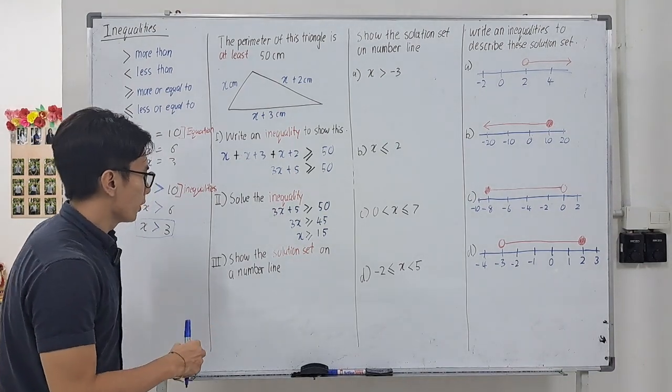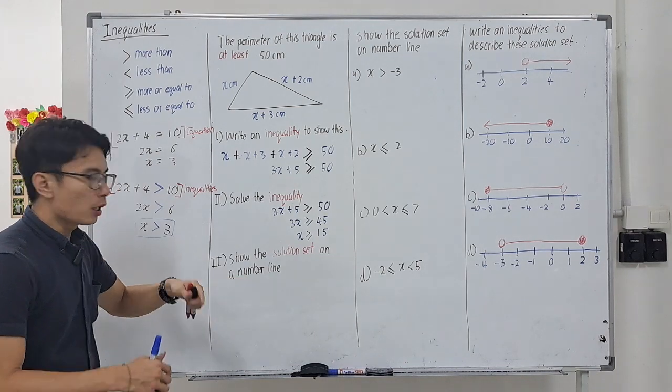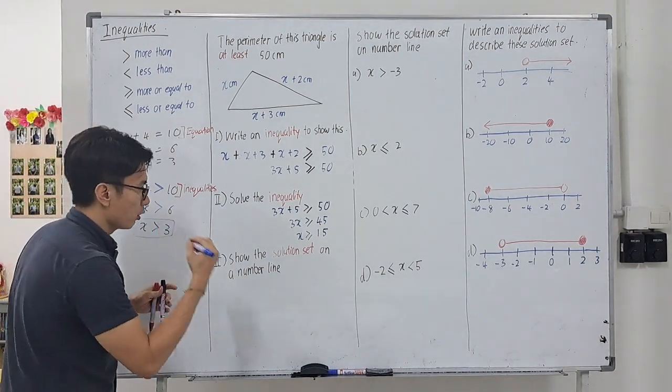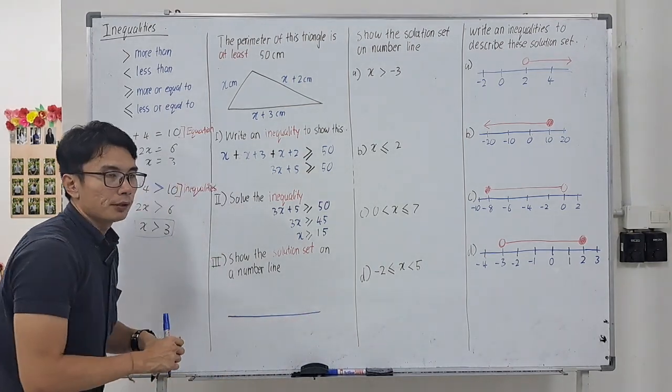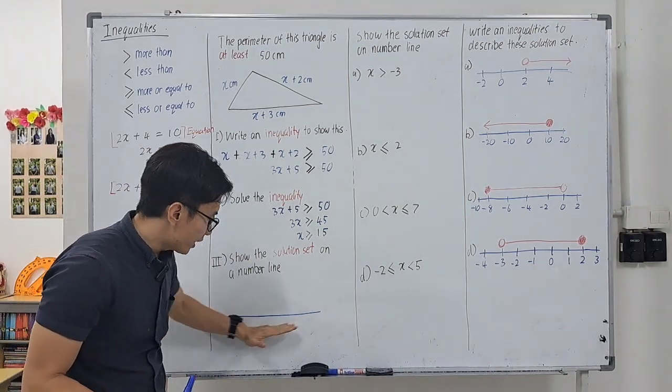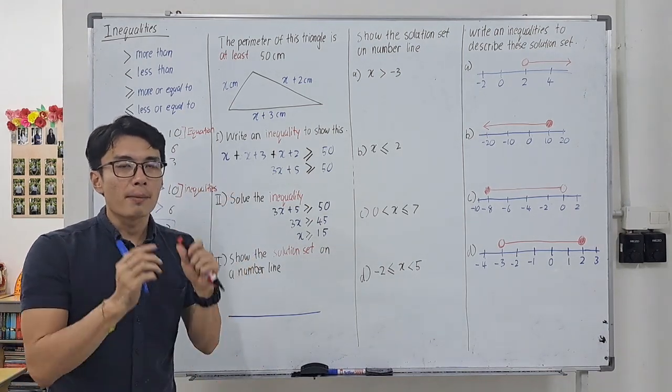So what do I have to do over here? I want to show this solution set on the number line. So all you need to do is to just draw out a simple number line. Now, what scale you choose is up to you, but the scale you choose must be equal.